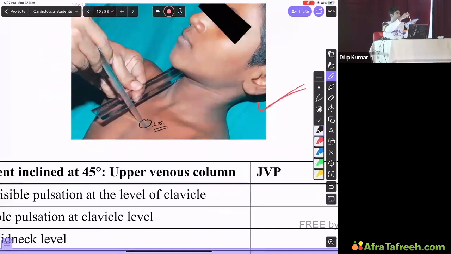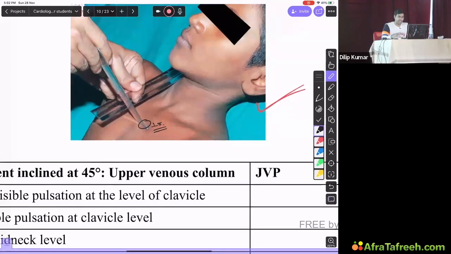No, it should be like this. So it should be perpendicular to the sternal angle or perpendicular to the sternum itself. So you should not keep it straight. That's a very small thing, but very important. So here it's a perfect technique. As you can see, the scale is extremely perpendicular to the sternum and the sternal angle.